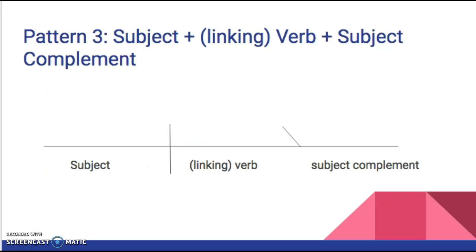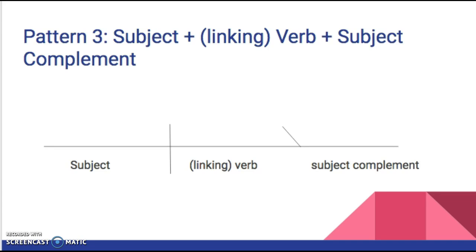Here is what the diagram looks like for the third pattern. You can see we have the same thing, a subject and a verb slot. There's a horizontal line and then a vertical line completely cutting it in half, and that separates your subject from your verb. And then we have this diagonal line that does not go through the horizontal line, and that's where you put your subject complement.